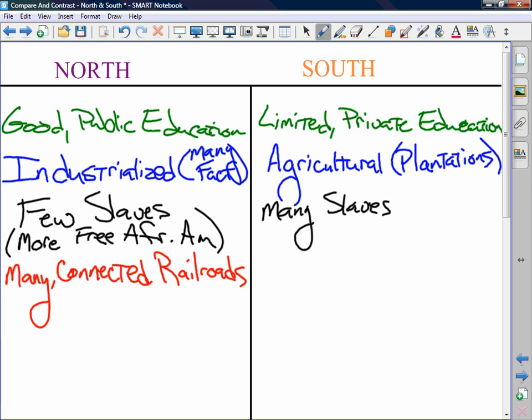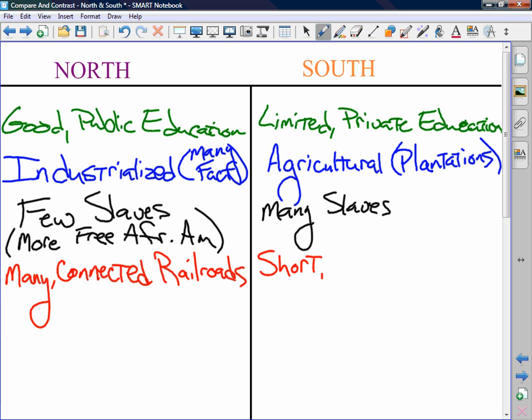Can people come up with something to say about the Southern railroads? Zach? Okay, they were short. They only had a third. If here we said that there were many connected railroads, if we want to compare and contrast, we need to be talking similarly here.